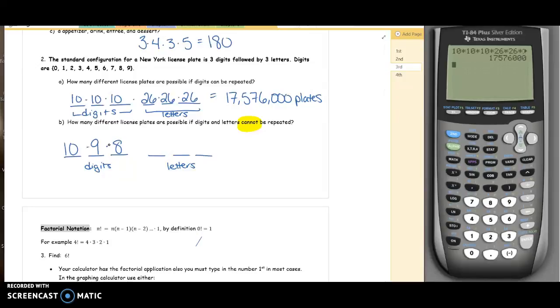So now there's only 9 unused options, and then there's 8 unused options. So for the letters, our first letter, we have 26 unused letters, and then we have 25, and then we have 24. So now plug that into your calculator and see how many possible license plates there are if repetition is not allowed.